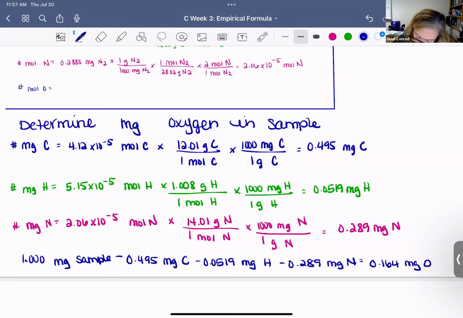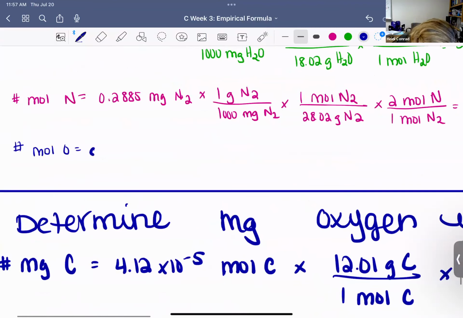Now I can go back above and figure out how many moles of oxygen that actually is. So I have 0.164 milligrams of oxygen. Hold on, forgot I shrunk that.